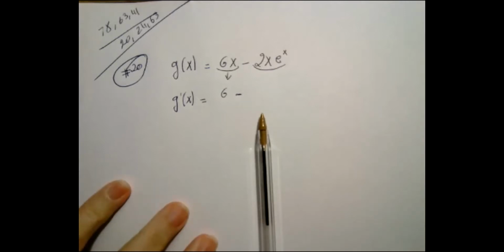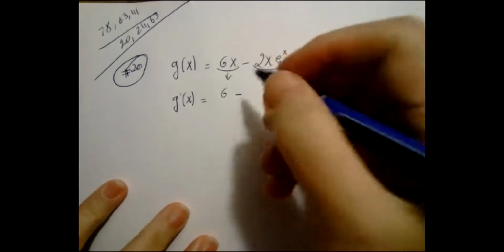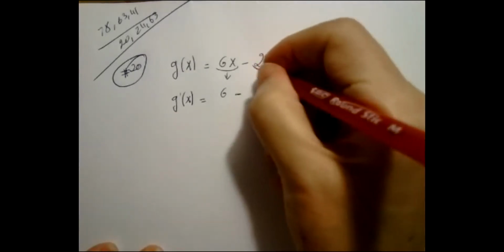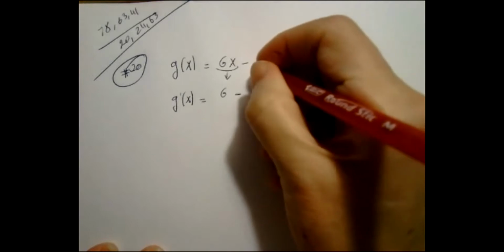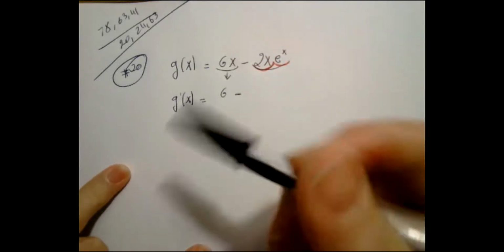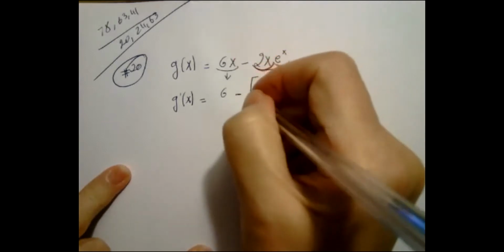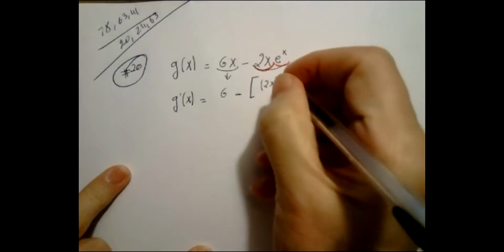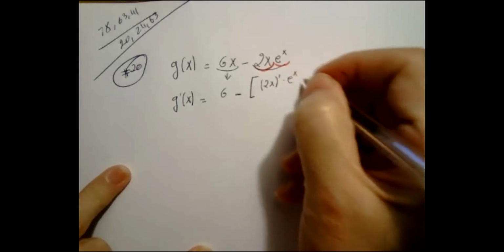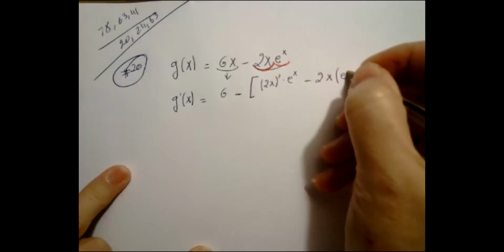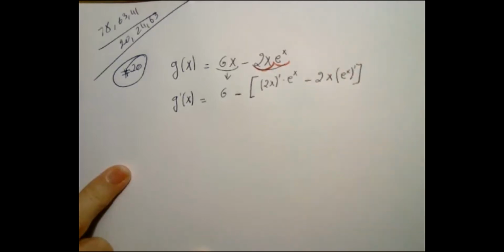So how are we going to view this piece? We're going to view it as a product. So it's 2x times e^x. Okay? So the derivative is going to be, open parenthesis, the derivative of 2x times e to the x minus 2x, the derivative of e to the x.